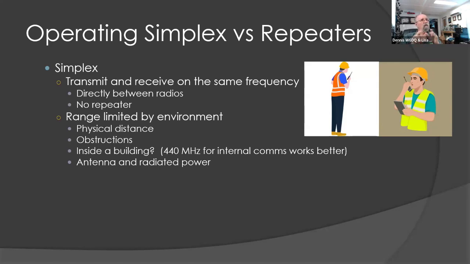Now, just because you're on simplex doesn't mean you can't overcome these. You might use a relay. So that's a third station that's also on simplex that can relay your message or your traffic or whatever you're doing. So if things are sketchy, ask for a relay and somebody who can hear both of you, hear your station and hear the net control station or the station you're trying to contact.